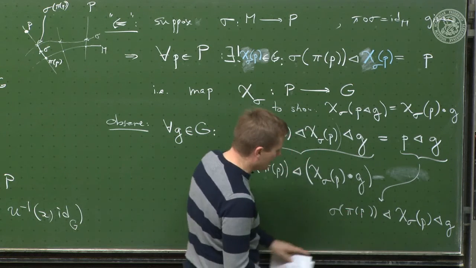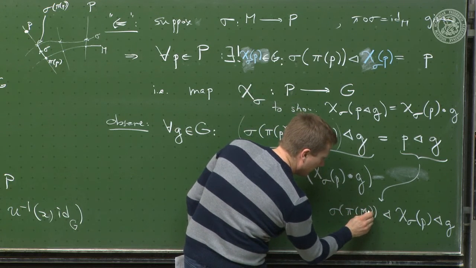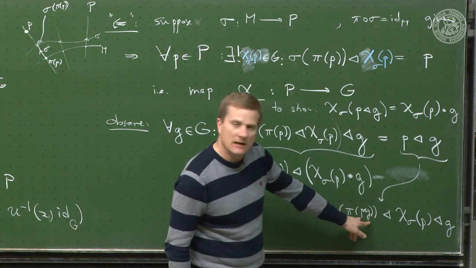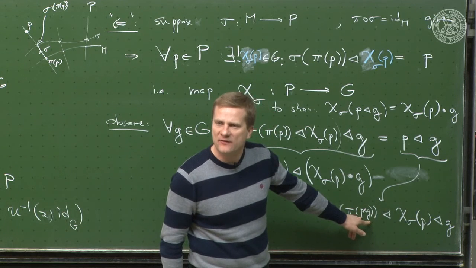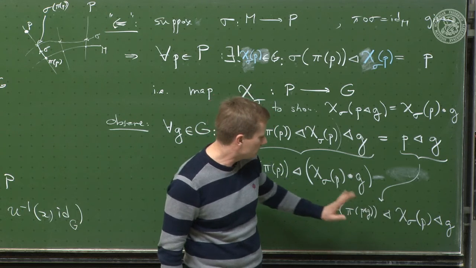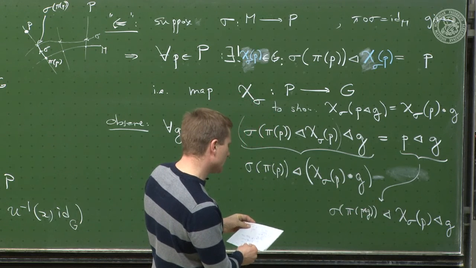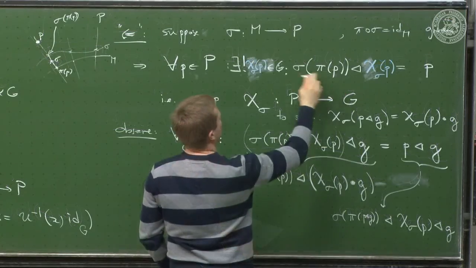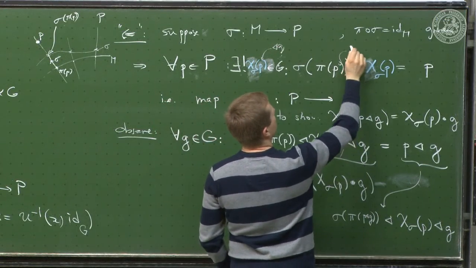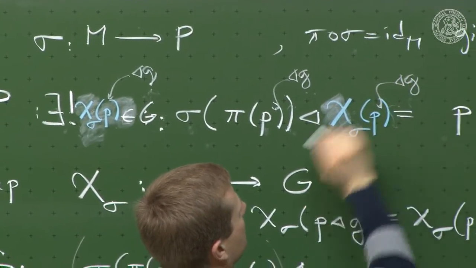What happens if I have a P, and I act on the P by a G? Well, nothing happens because I remain in the same fiber. That means the pi doesn't change a thing. So that's certainly one thing that's true. And you want to insert here a right action by the G. That means there's a right action by the G here, and there's a right action by the G here.